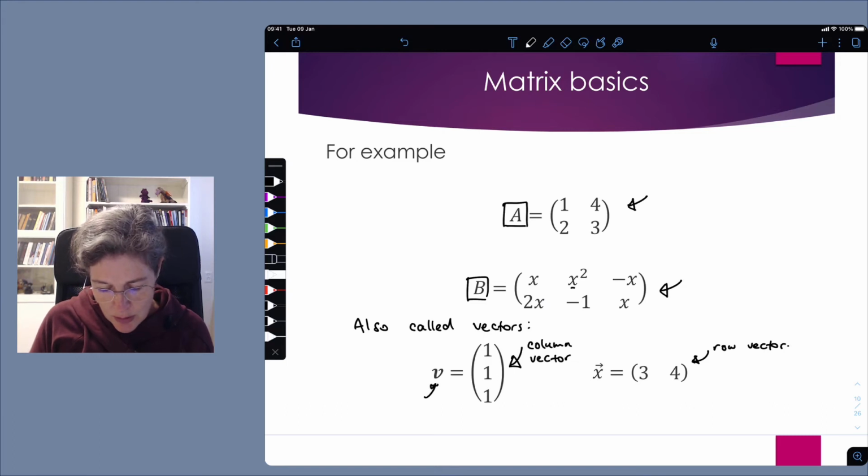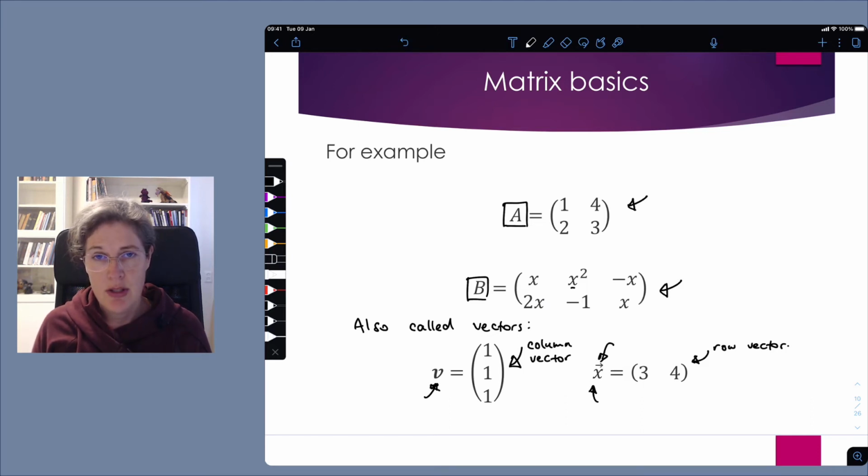So you'll use a lowercase letter in boldface, or you might use lowercase with a little arrow on top to tell people that this is a vector that you're dealing with. So if you see something with a capital, it's probably a matrix. Something with a boldface lowercase letter or a lowercase letter with an arrow means we're specifically thinking about it as a vector. And I'm not going to talk a lot about vectors as vectors in this course, but there's the whole aspect of physics and vectors where the mathematics of that is specific to being a vector rather than just a matrix.